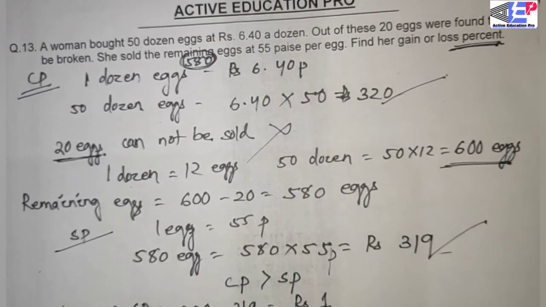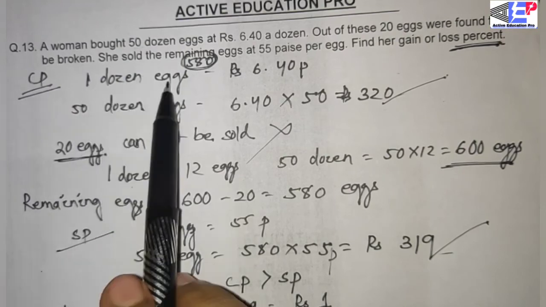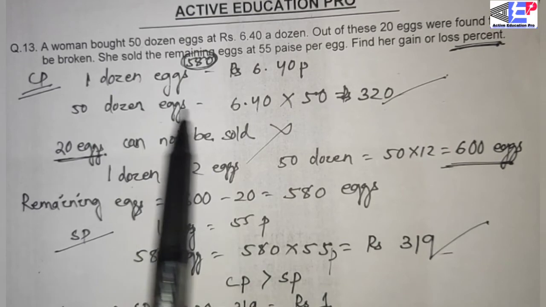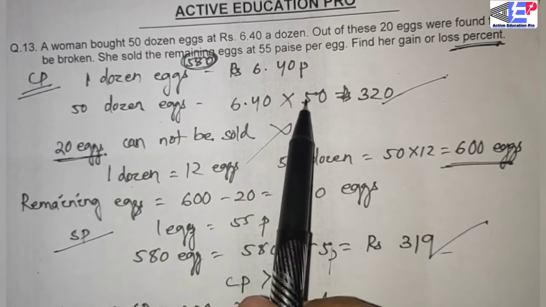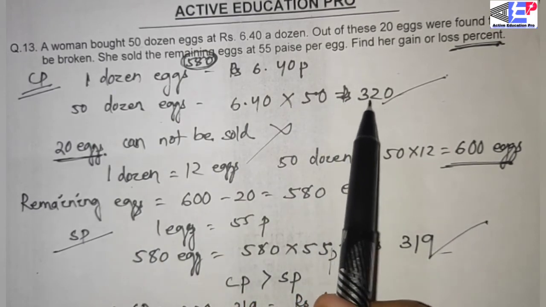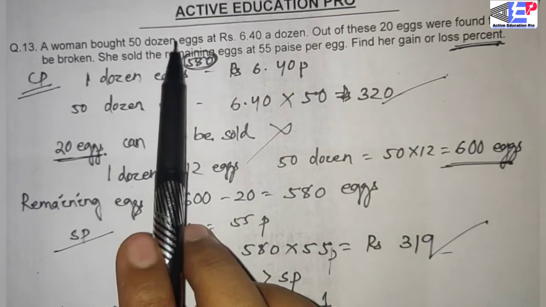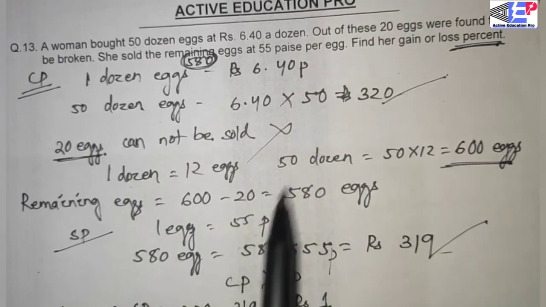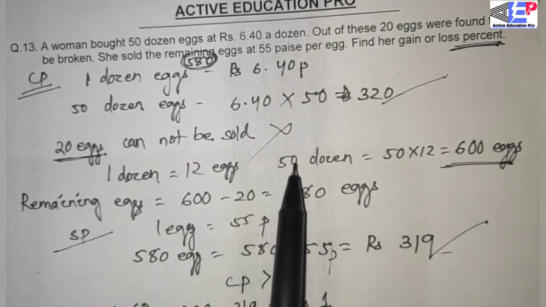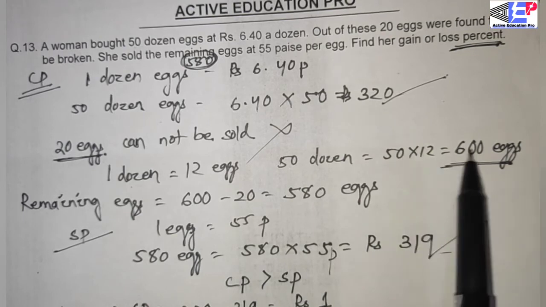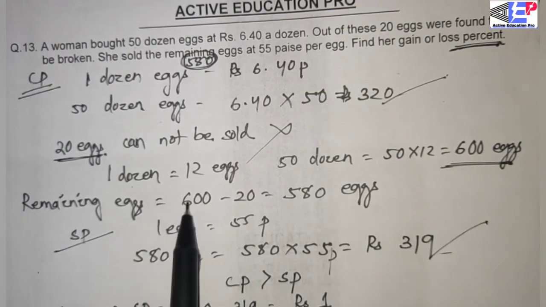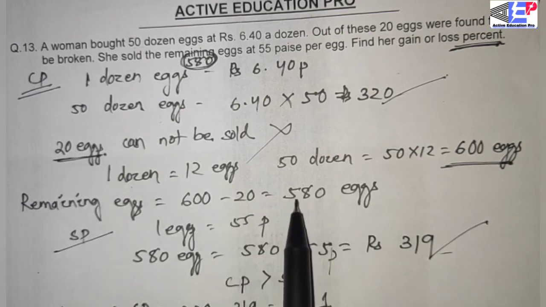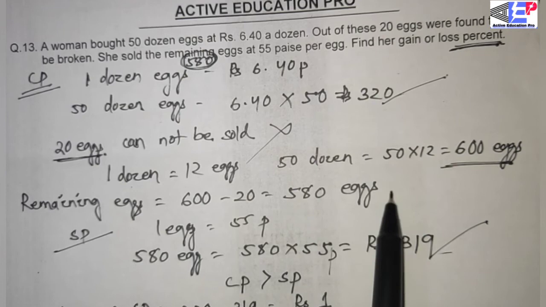Again I repeat it. 1 dozen eggs cost the woman 6 rupees 40 paise, and 50 dozen eggs cost her 6.40 into 50, which is equal to 320 rupees, the cost price of the 50 dozen eggs. From these eggs, 20 eggs are broken, so the remaining eggs will be: 1 dozen carries 12 eggs, so 50 dozen carries 50 into 12, which is 600 eggs, and the remaining eggs will be 600 minus the 20 broken eggs, so there are 580 eggs to be sold.